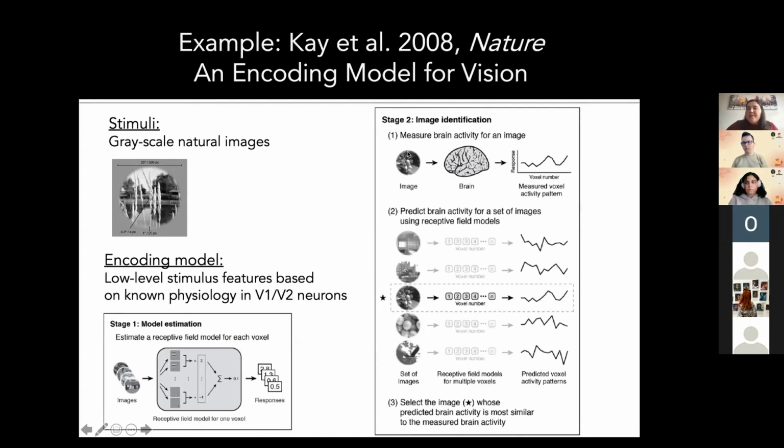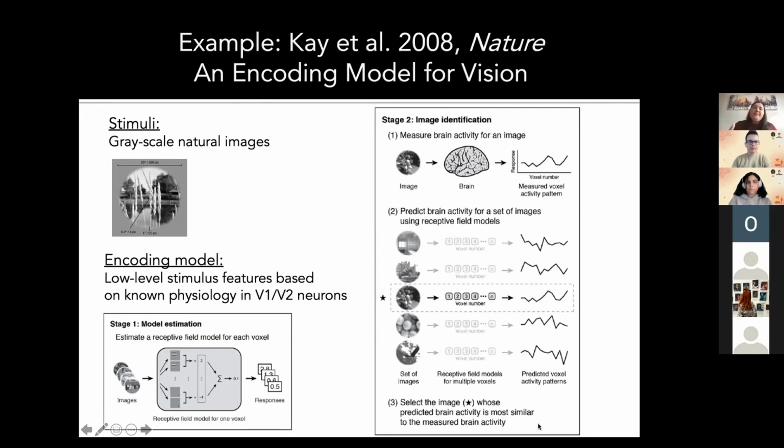For example, let's say that this is an image, this is recorded brain activity, and this is what you get, right? The voxel activity pattern. And then once you use your training data with the receptive field model, let's say that you get activity like this, based on your receptive field modeling, you compare them, and you select the activity whose predicted activity is most similar to the measured brain activity.